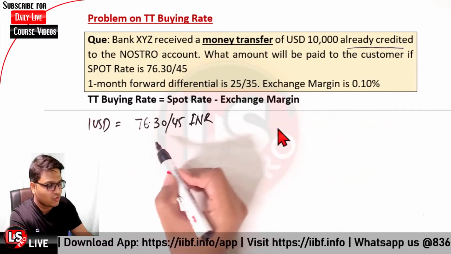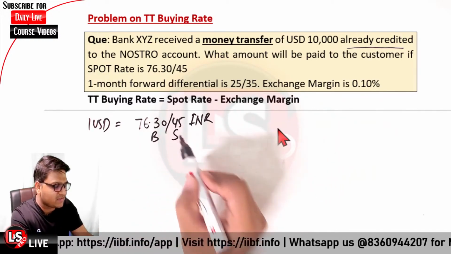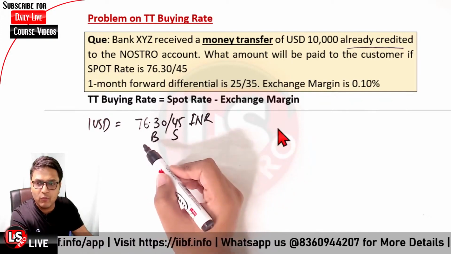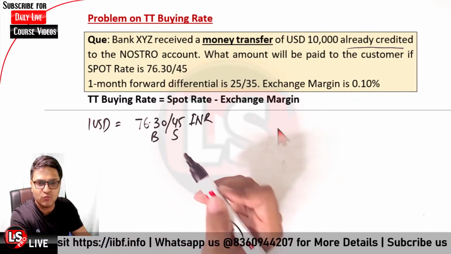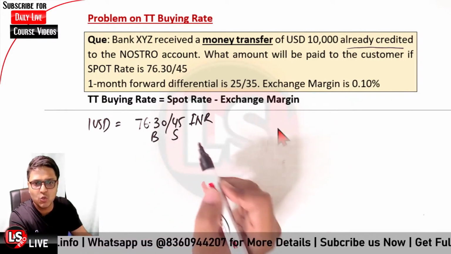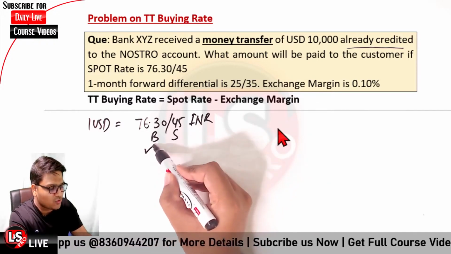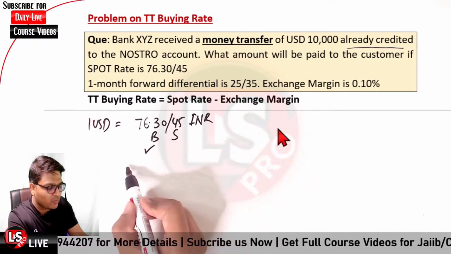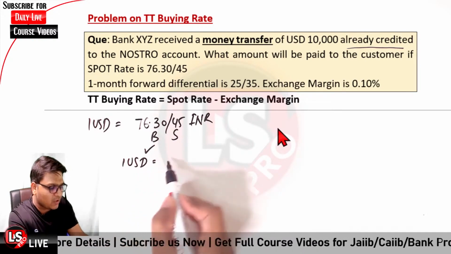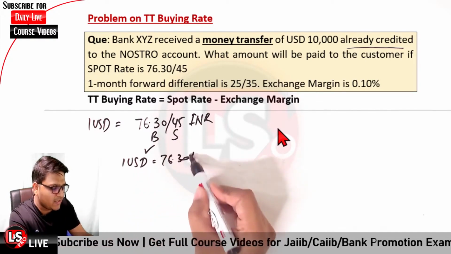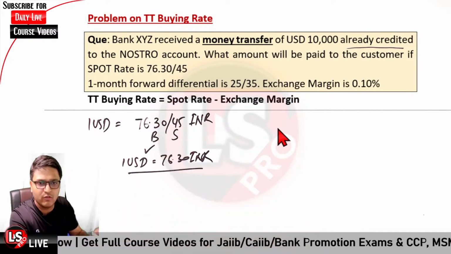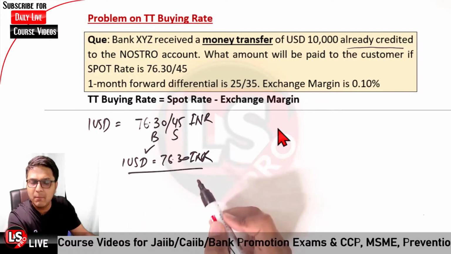What does it mean? It is the buying rate and the selling rate, and we want to sell the USDs in the market. Those would be sold at the buying rate. So we will be capturing the rate equal to 76.30 INR. Are you getting my point? We will be considering the buying rate in this case.